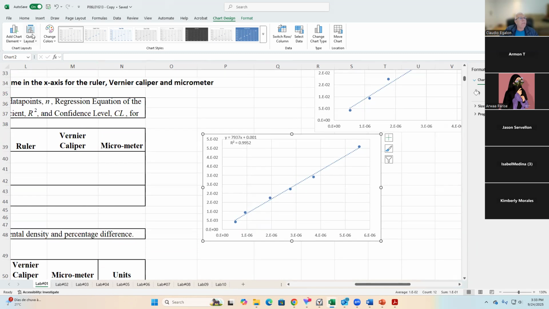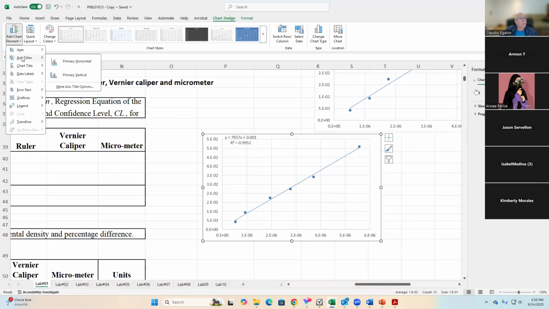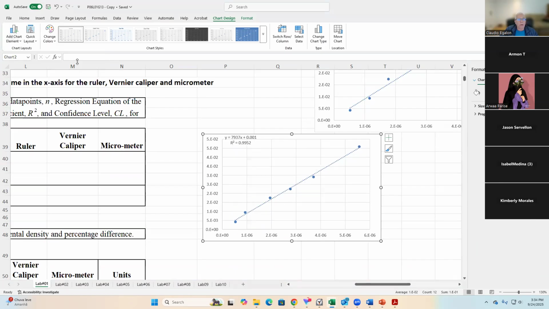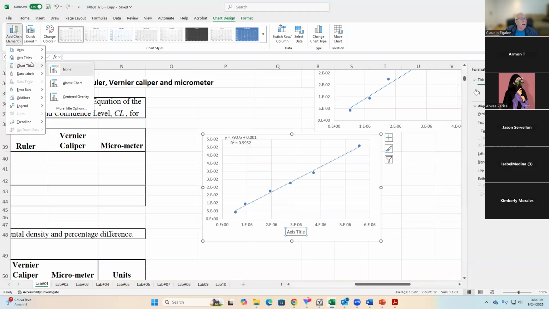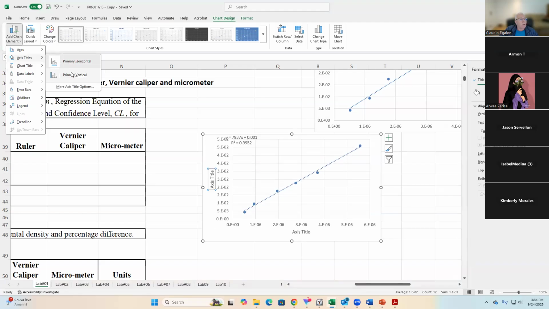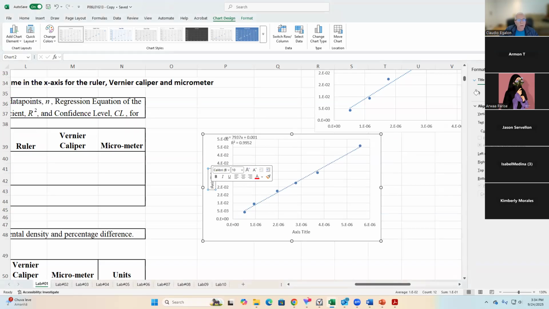Click the graph, add chart element, axis title, primary horizontal. So it makes a box here for you to type. And then repeat for the primary vertical, and you put another box here for you to type. The x-axis is the volume.